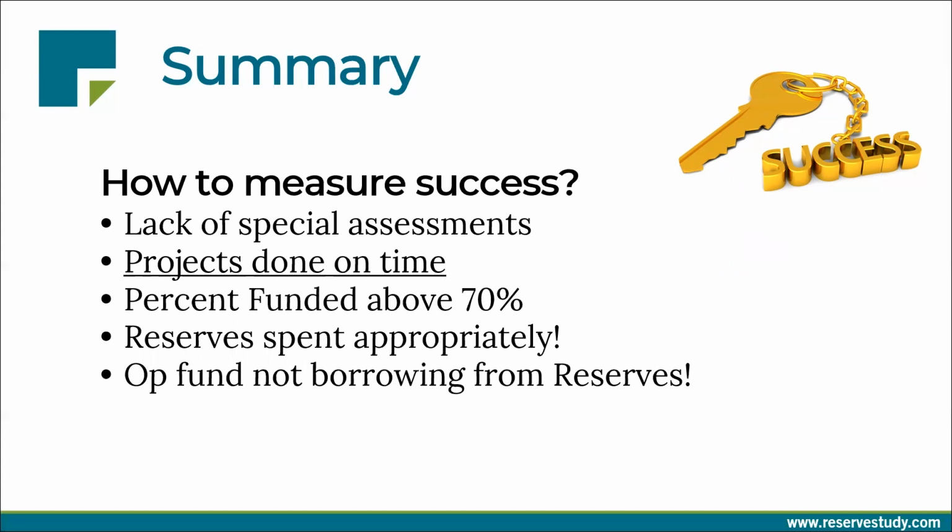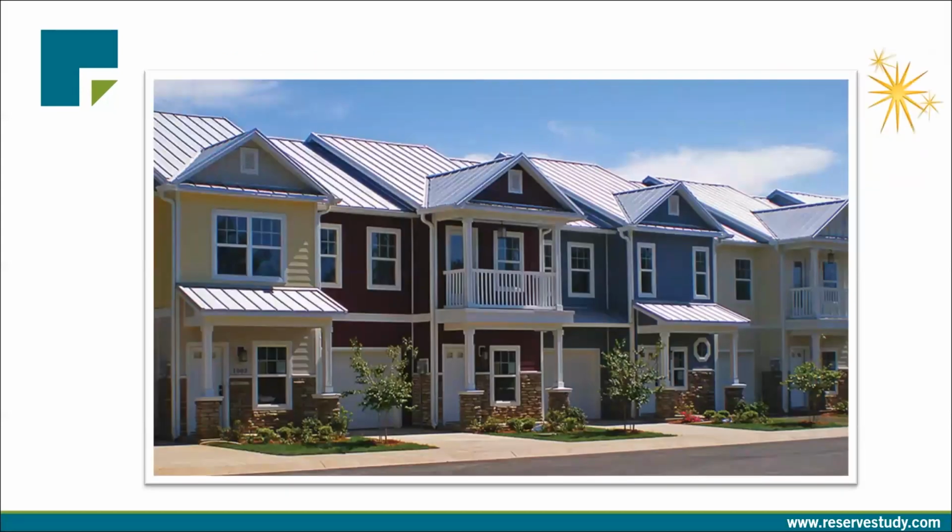You're not, I don't want to say wasting, because operational overages, I'm not going to call that wasting, but you need to spend your reserves on reserve projects, and your operating fund needs to stand on itself because those reserve projects still need money. What we want to achieve here is a sustainable association with pride of ownership, where there are funds to maintain the curb appeal and maximize property values. That's what we're trying to do with a reserve study.